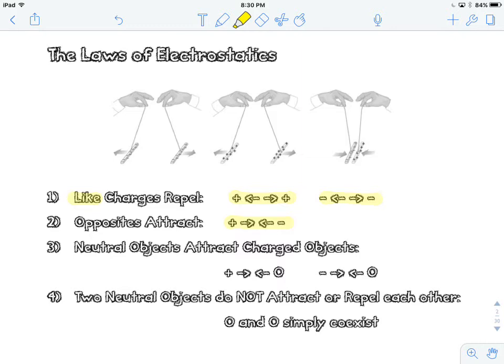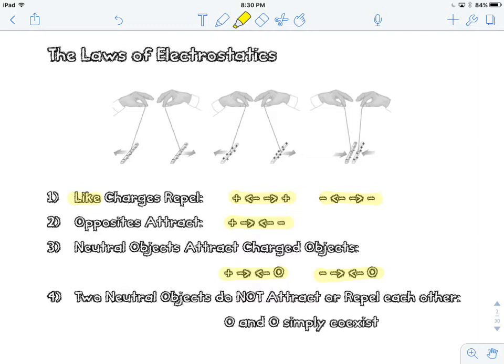The third rule or law of electrostatics states that neutral objects will attract charged objects. An example of this is the balloon that we've rubbed against our hair, which has built up an electric charge.